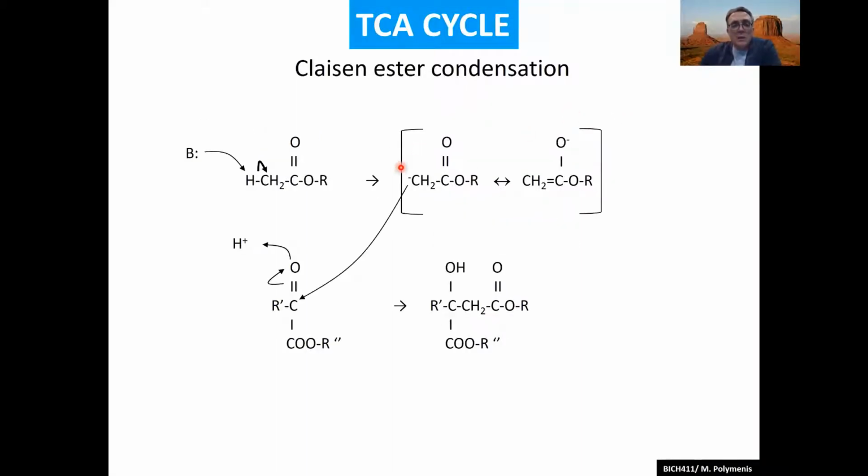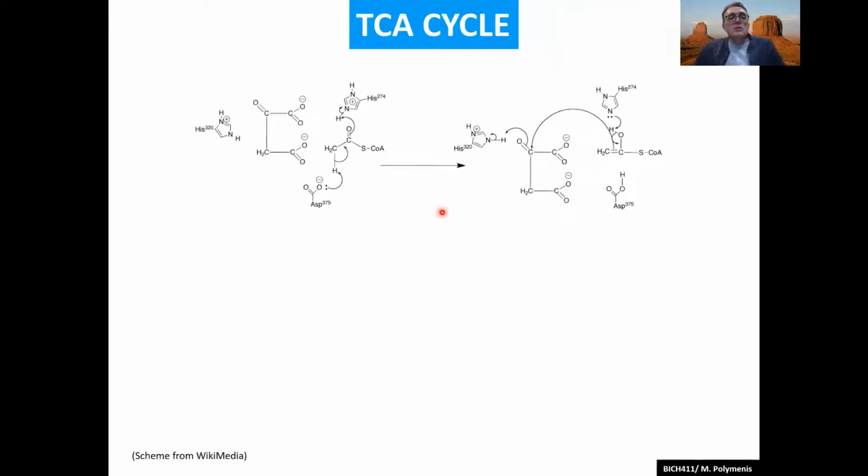And the carbanion, of course, will attack the other compound, in this case oxaloacetate, and that's it. It's a super simple mechanism. You got your joint, so to speak, condensation here. If you want to see it in more detail, this is oxaloacetate. This is acetyl-CoA.